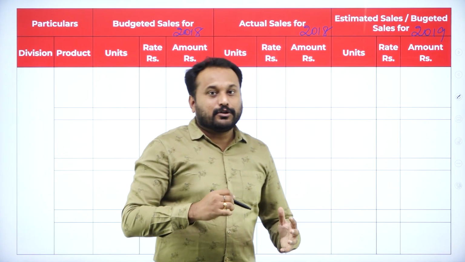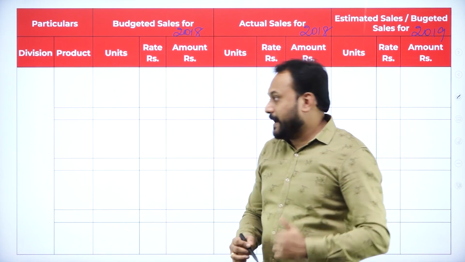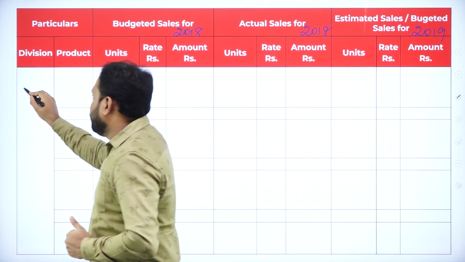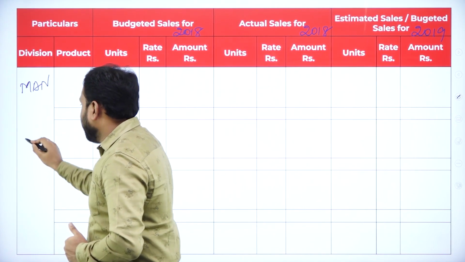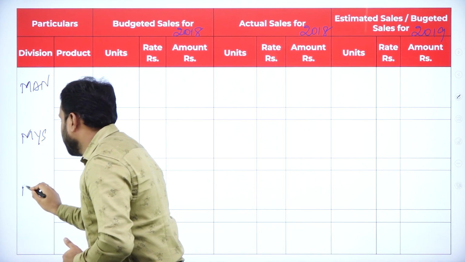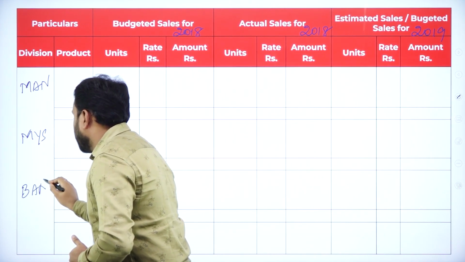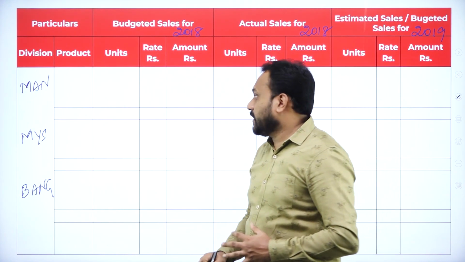Next, they have told us there are 3 divisions: Mandya, Mysore, and Bangalore. So I'll write here division. The first division is Mandya. Next we have Mysore, and the last one here is Bangalore. So done, Mandya, Mysore, and Bangalore we have written.